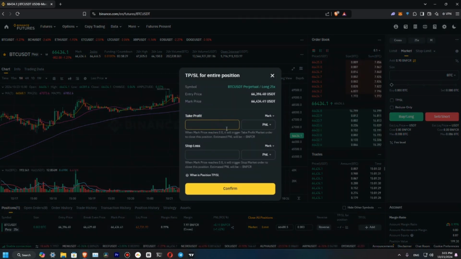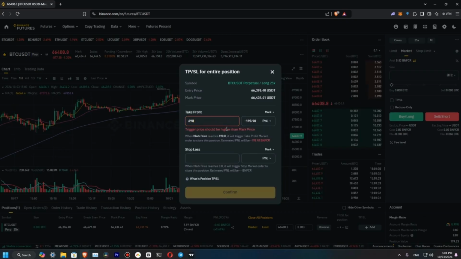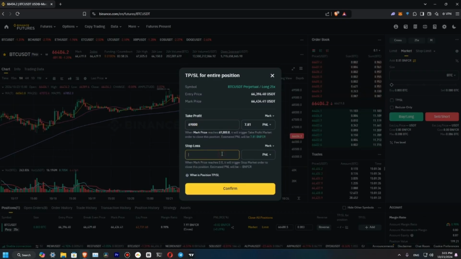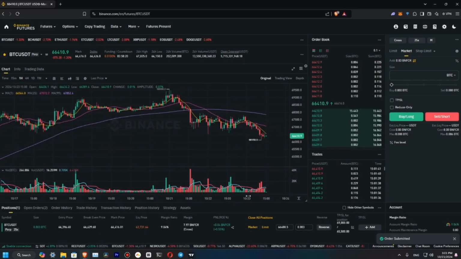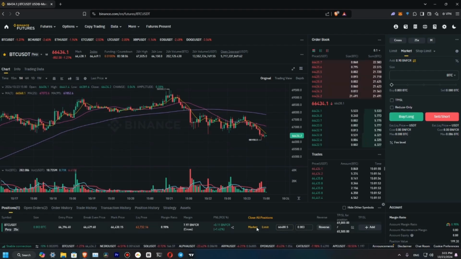For, let's say, take profit, let's do 69, and for stop loss 65,500. So okay, let's apply our stop loss. So you can see our stop loss has applied. You can also close your position using market order or limit order, which is, from my point of view, pretty obvious. Market is instant close and limit will be closed on reaching some specific price target.